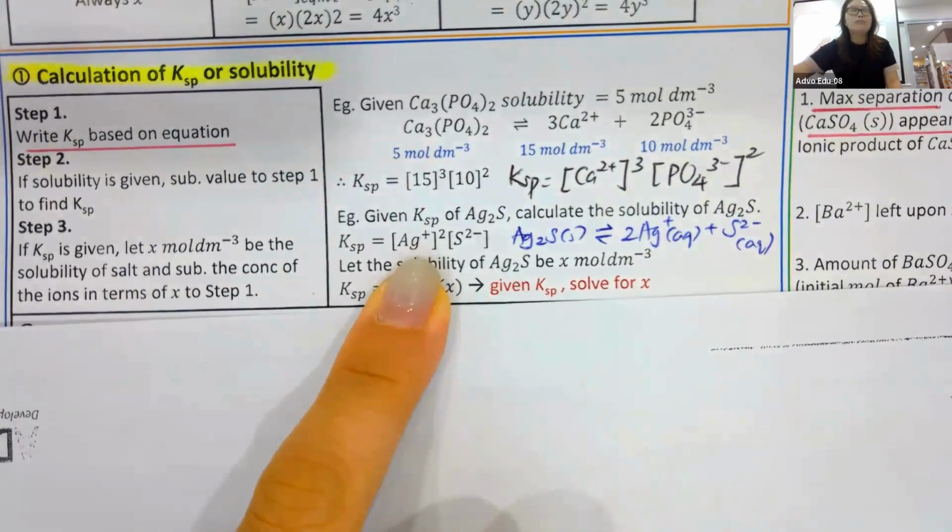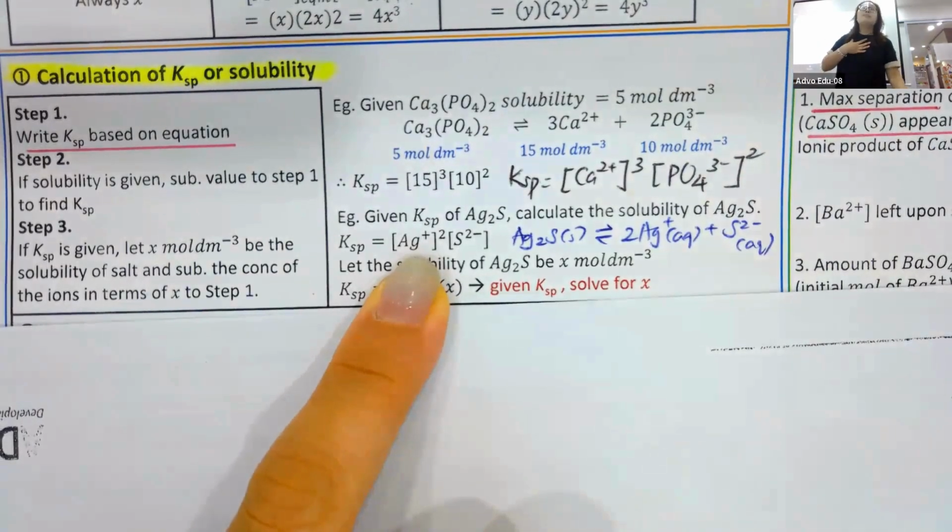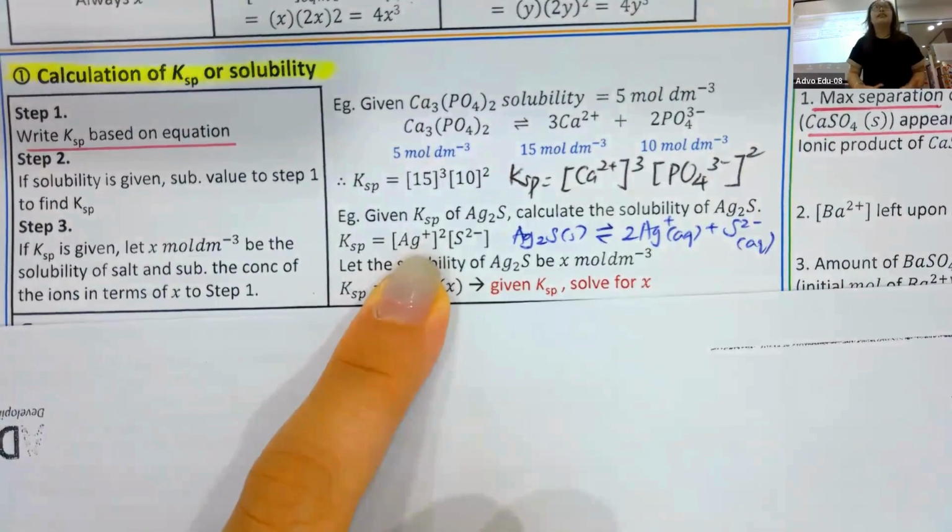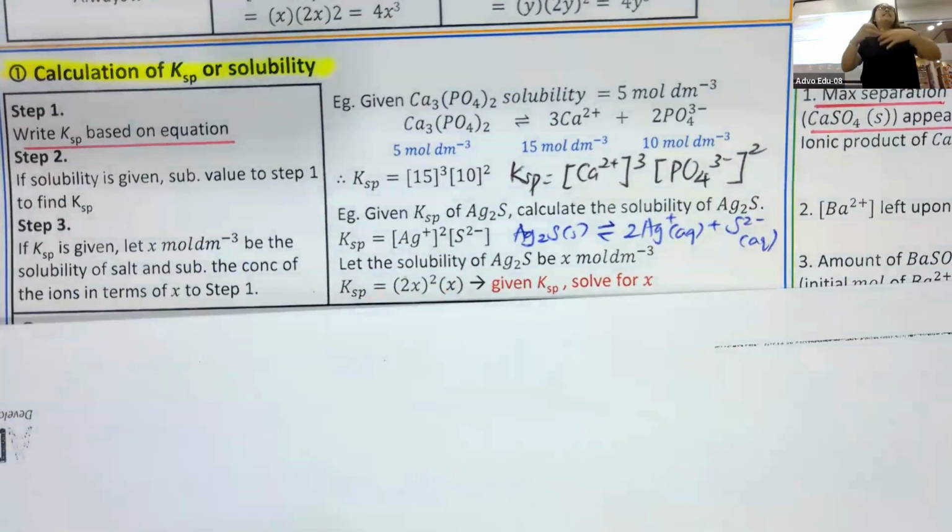I have students who ask me, what do I mean by KSP expression? It's the same as asking you to come up with the KC expression based on the equation. So it will be the formula of the product over the formula of the reactant.